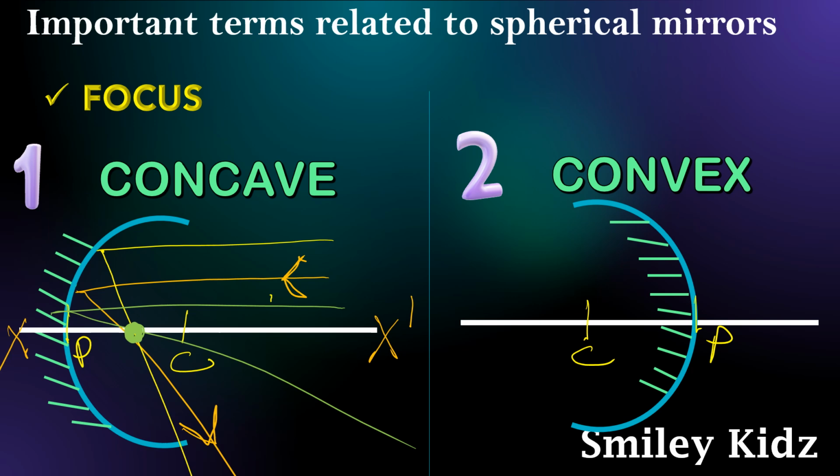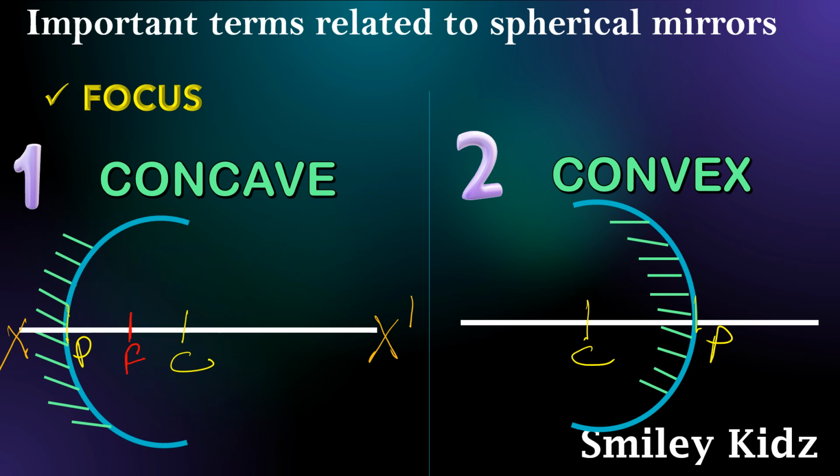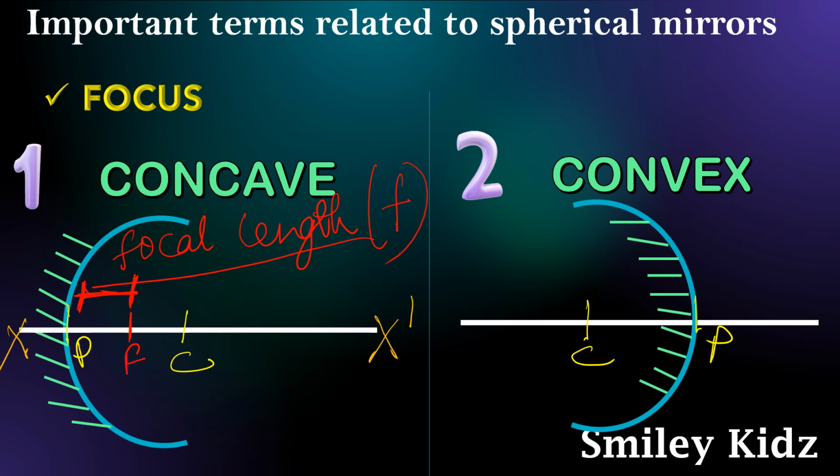This point is termed as the focus of the mirror, denoted by capital F. The distance between P, the pole of the mirror, and F, the focus, is the focal length. The distance between the pole and the focus is termed as the focal length, which is denoted by small f.